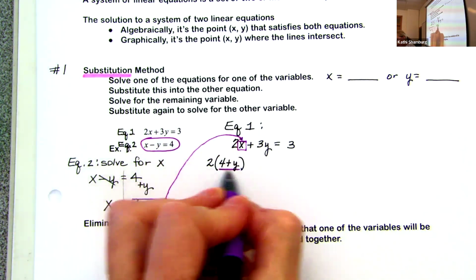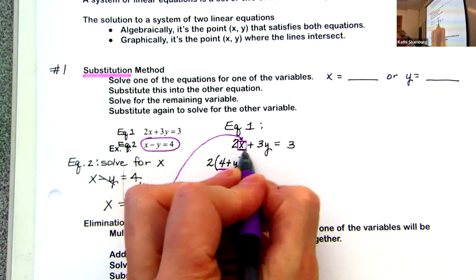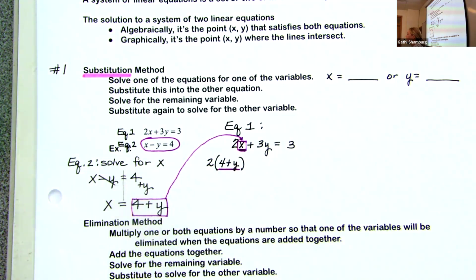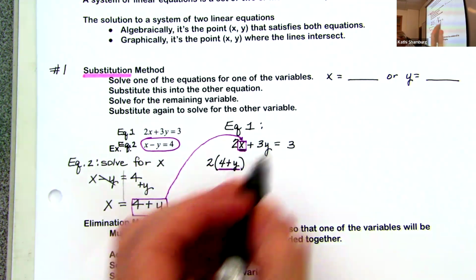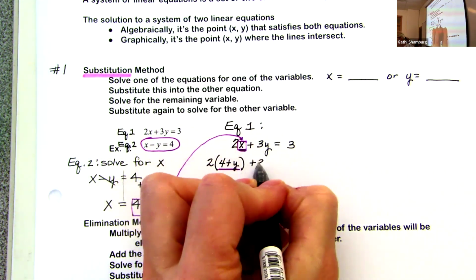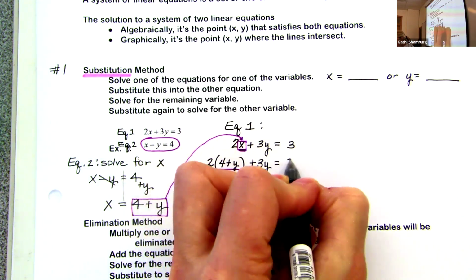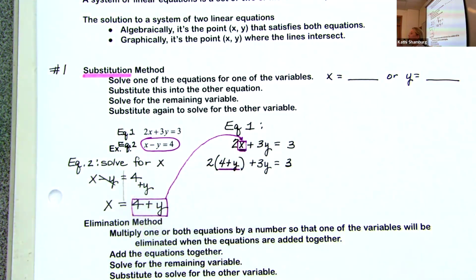So this is the same thing as x. And then we still have the plus 3y equals 3. All right, everybody with me? Does anybody have any questions?